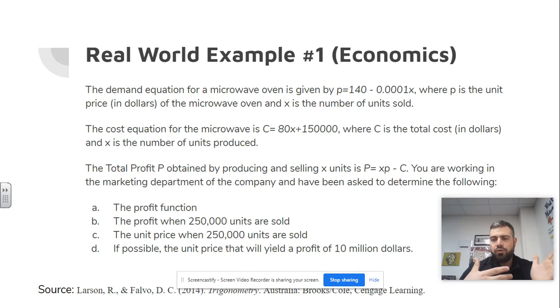As the number of units sold increases, the unit price is going to go down. Makes sense, right? The more you sell, the less it's going to cost. The cost equation is 80x plus 150,000. So obviously, as you increase the units sold, your cost is going to go up.